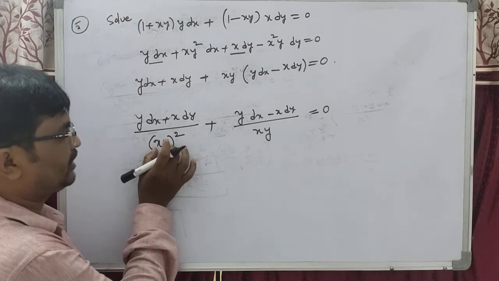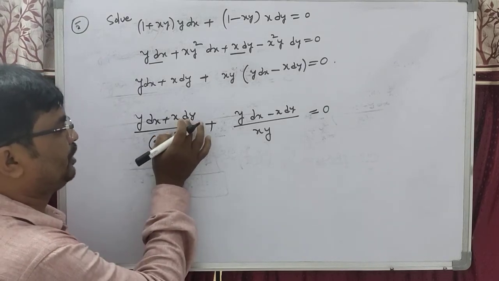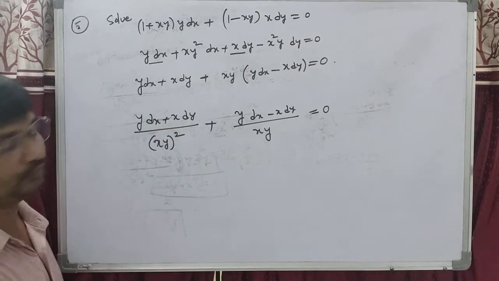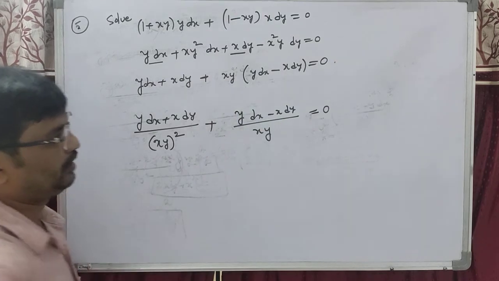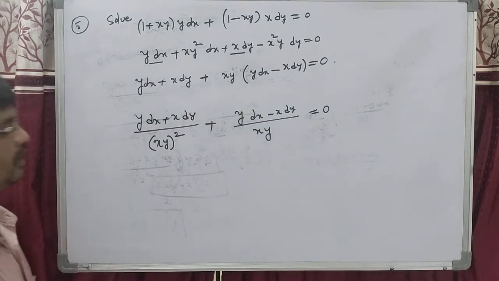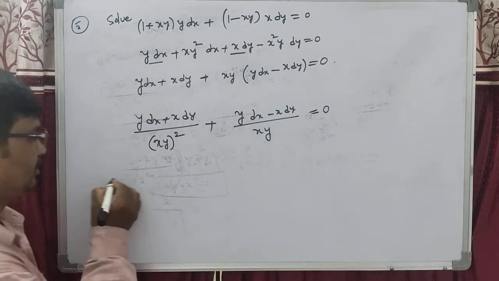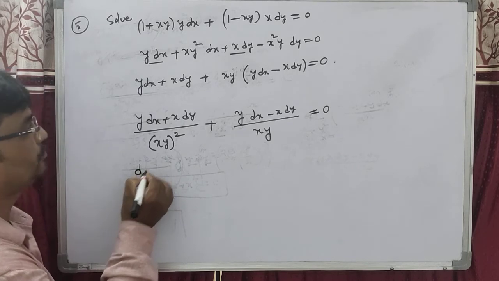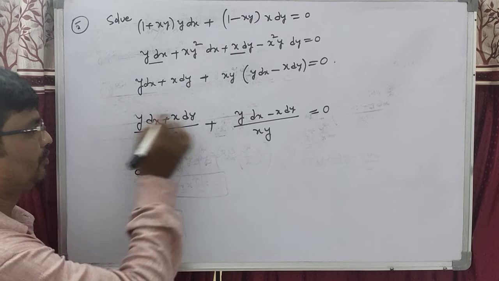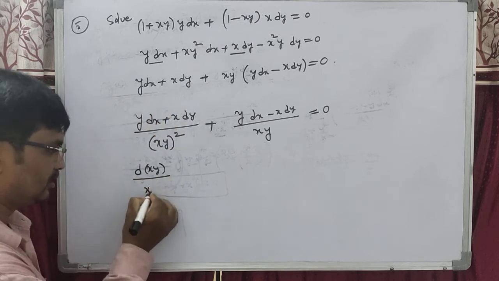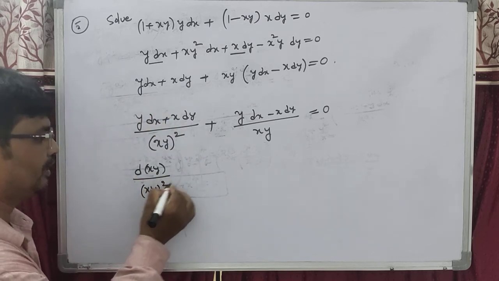The derivative of xy is x into dy plus y into dx. But here, my dear student, it is y dx minus x dy. You can observe in the next step. We can write it as derivative of xy, x into dy plus y into dx, over (xy) whole square.